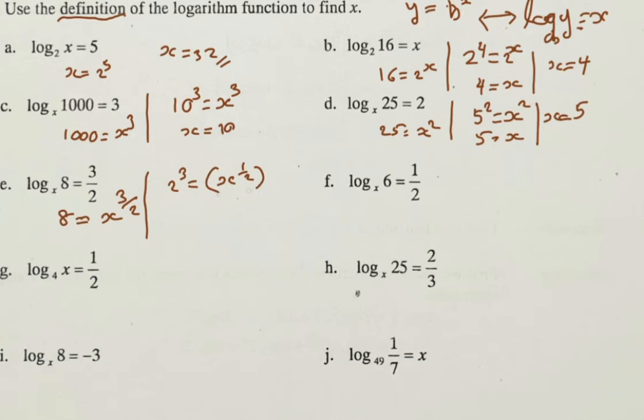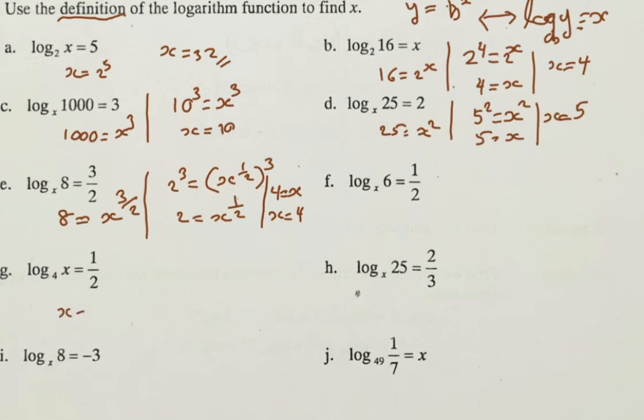So 3 by 2 is 1/2 multiplied by 3. So 3 and 3 are the same. Therefore 2 is x to the power 1/2. Take the square of both sides. 4 is x. x is 4.